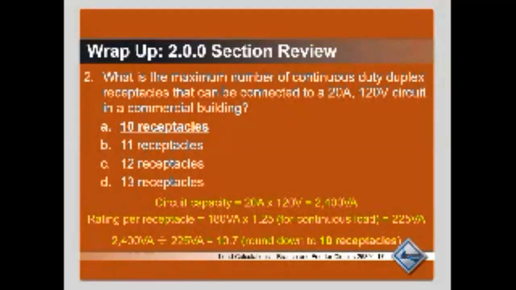That's going to give me 10.7 devices. Round down to 10 devices. Just got to remember, anytime you see continuous duty, you think 125%.